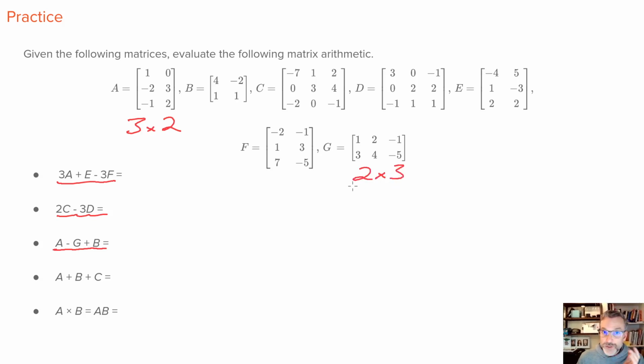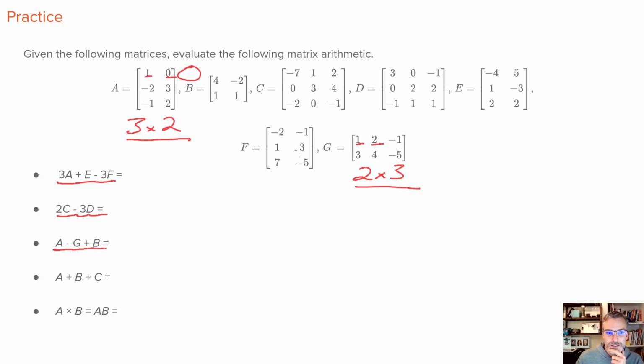Okay? Even though it has the same numbers making up the dimension, they're not in the same order. And this matters because I can't subtract G from A, right? If I started subtracting the corresponding entries, those two are fine, but then I would have something, which doesn't exist, minus 1. Okay, so that's where the problem arises, when those dimensions don't line up.